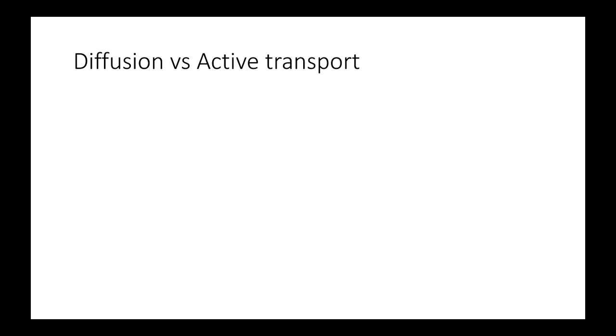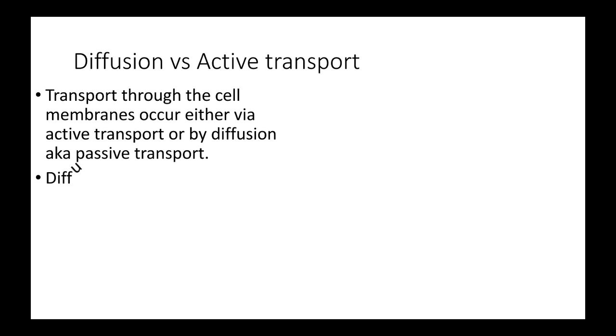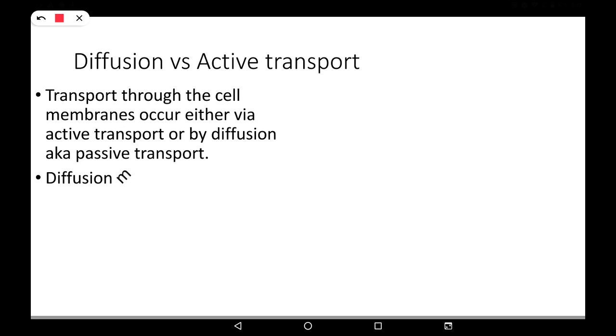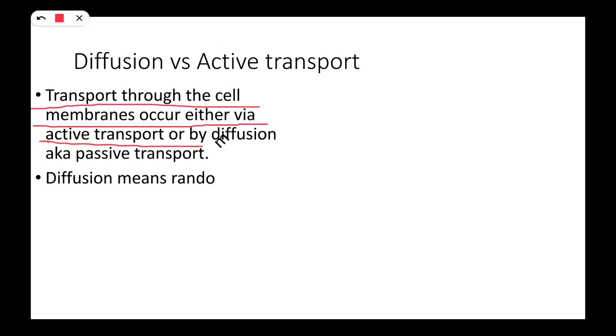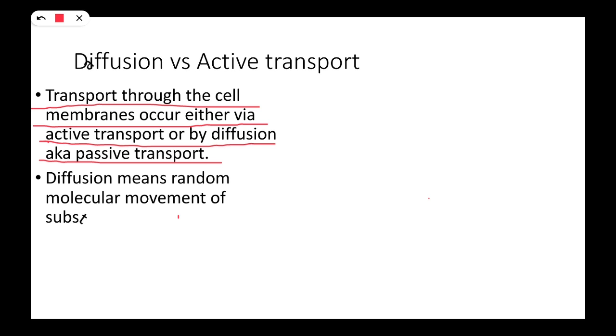Now let's talk about diffusion versus active transport and the difference. Transport through cell membranes occurs either via active transport or by diffusion, also known as passive transport. If it happens with the gradient potential, that is, it moves across the membrane along its concentration gradient from high concentration to low concentration, then the transport is passive transport.